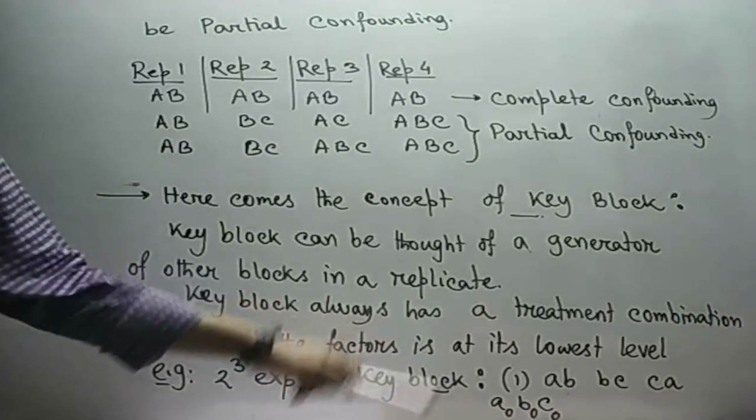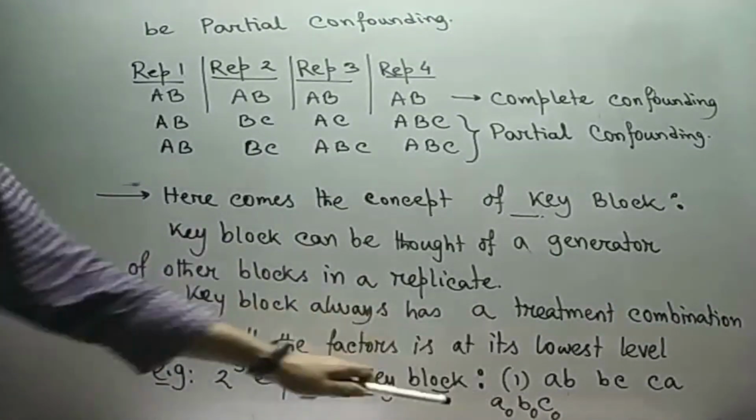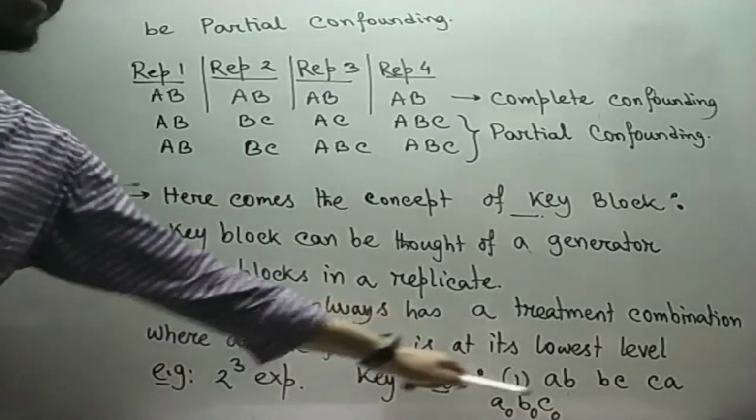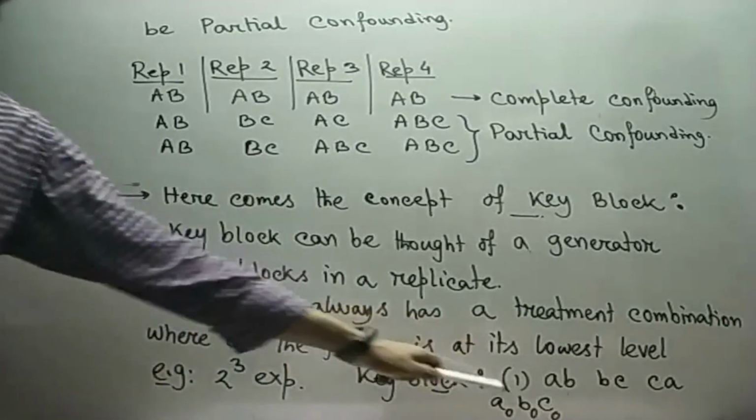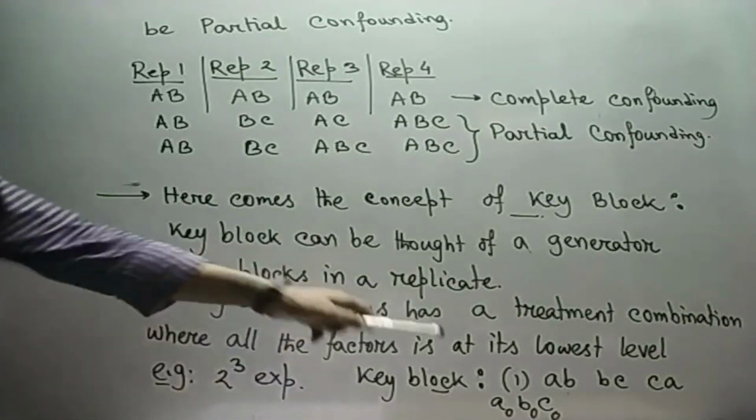So each and every factor at its lowest level is denoted as 1, and 1 is a necessary member of the key block. Each and every key block must contain the value 1.